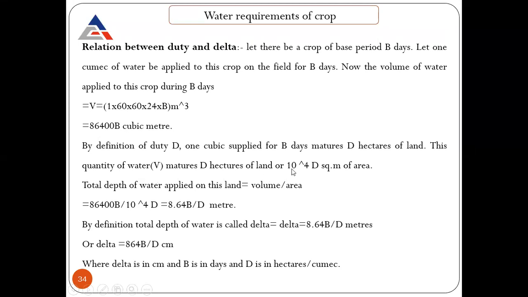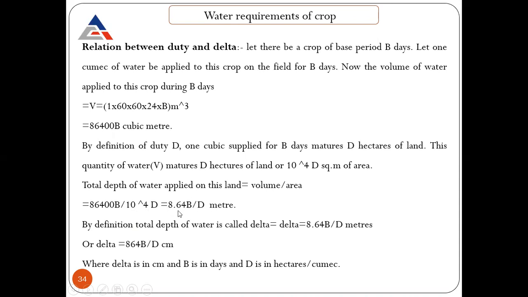A hectare is 10,000 square meter of area. The total depth of water applied on this land will be volume by area. Volume is 86400B, divided by the area, 1 hectare being 10,000, so 10,000 D.